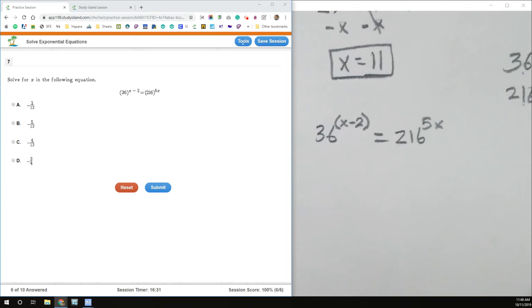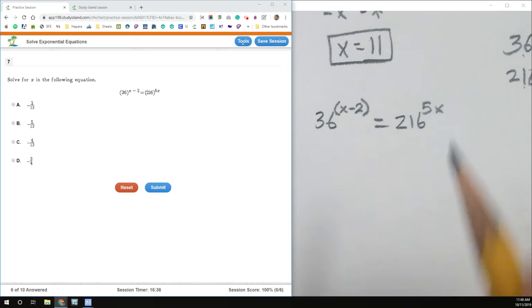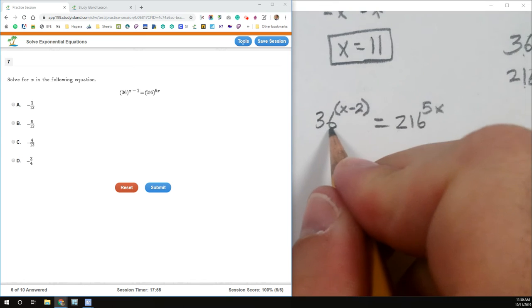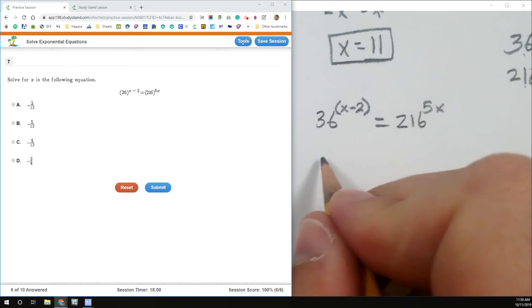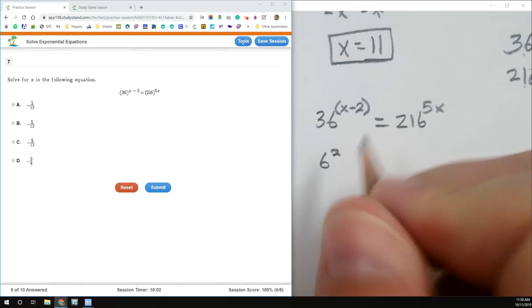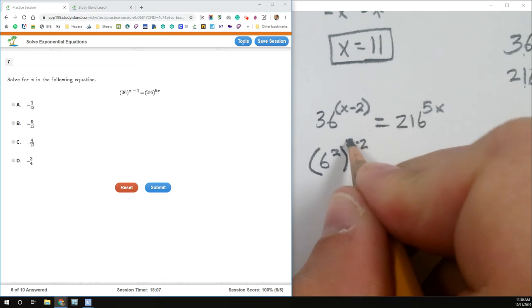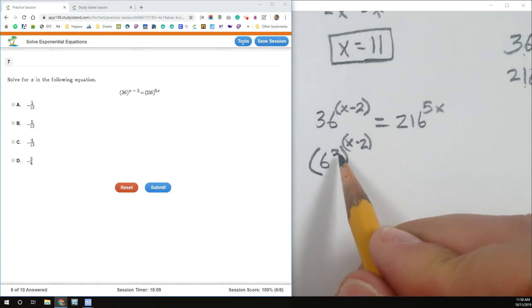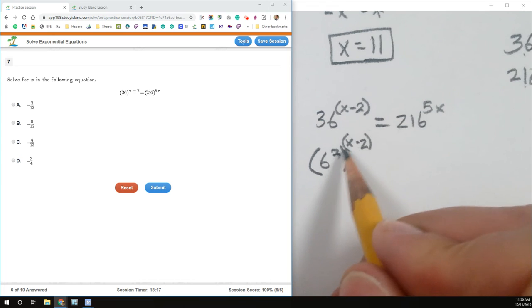But they already have exponents, right? 36 already had an exponent of x minus 2. And the 216 already had an exponent of 5x. So what do we do to solve that? Here's what you have to do. If you want to turn 36 into 6 squared, it looks like this: 6 squared, but then this whole thing is getting raised to x minus 2. Well, if you have a base with an exponent that you're raising to another exponent, you multiply those exponents together.